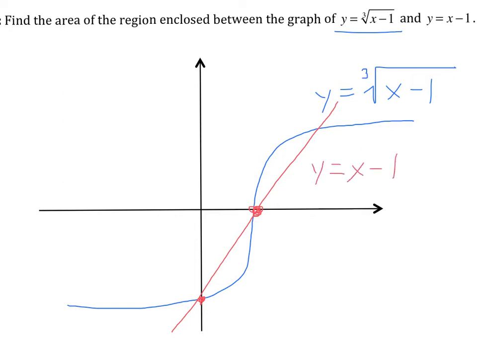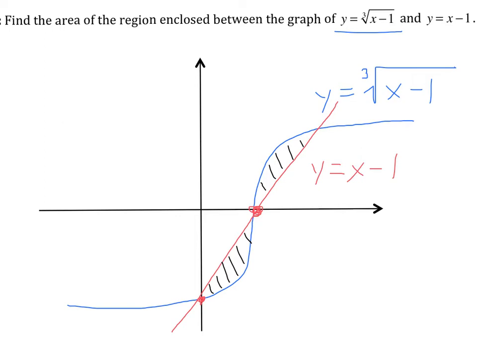Now we can see we actually get this interesting area, the area of the region enclosed between those 2 curves, so that's going to be this little portion and this little portion. In that first small portion, the line is on top, whereas in the second small portion, the curve is on top. So you will have to handle this as two separate integrals. It's just the way it is.